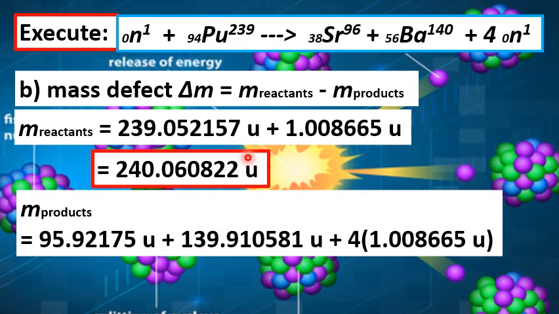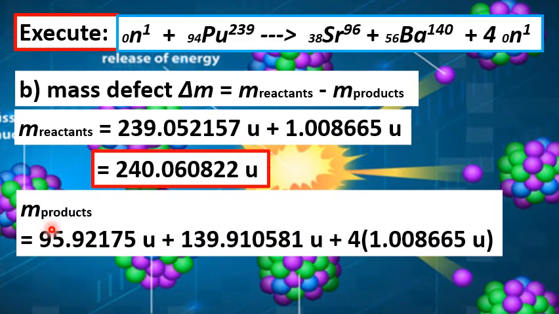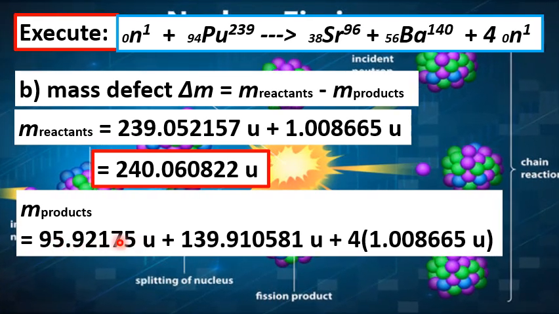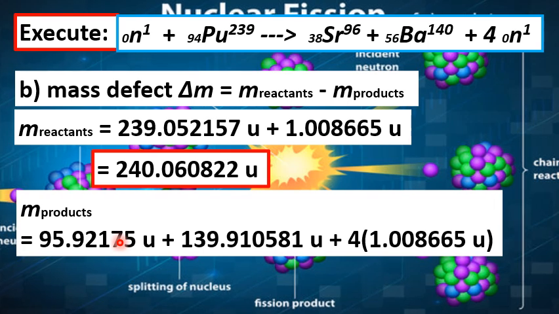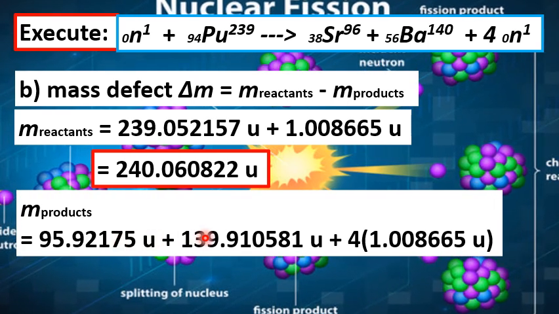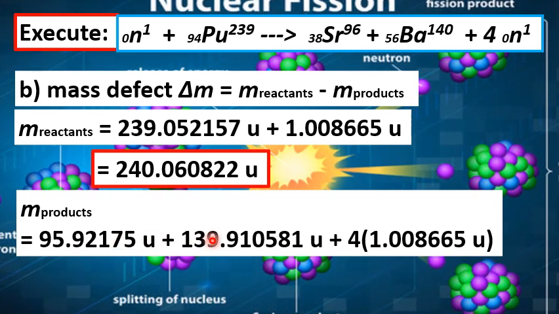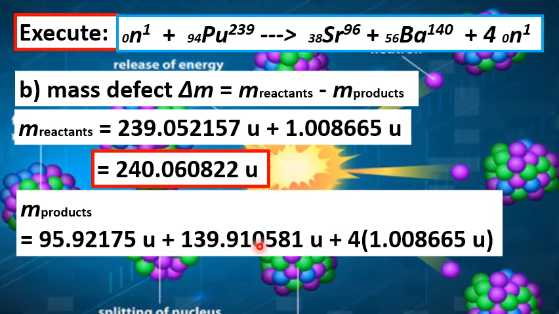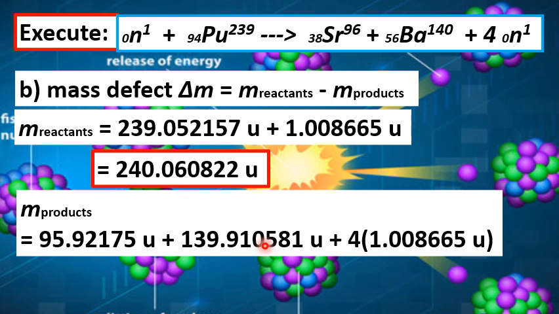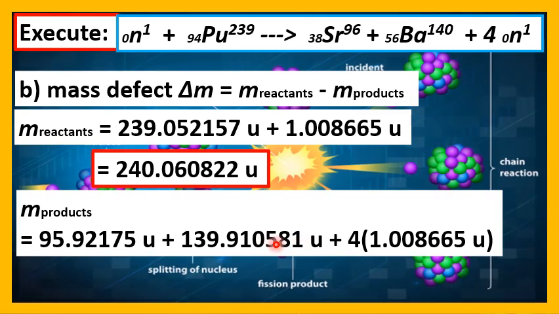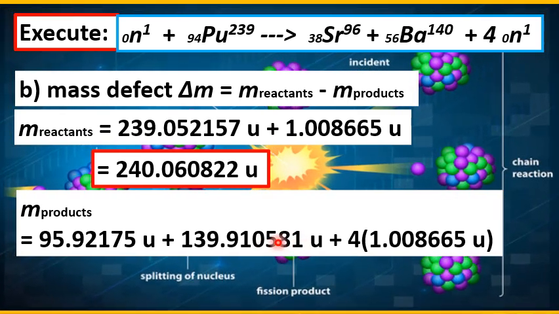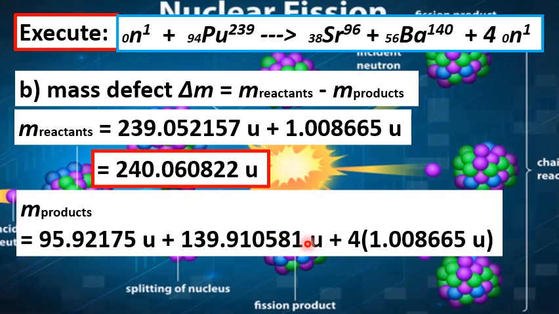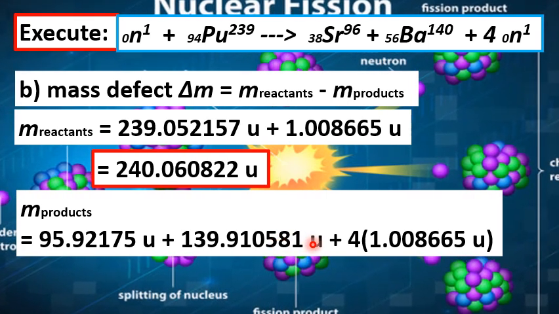And for the total mass of the products, we have 95.921175 atomic mass unit. That's for strontium-96 isotope, plus 139.910581 atomic mass unit. This is for barium, right? 140 isotope.